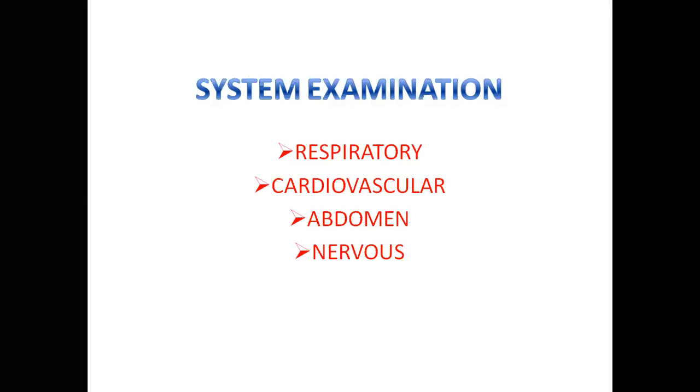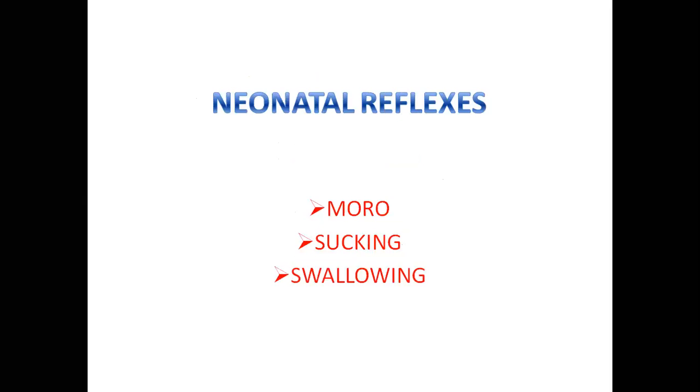We have to assess the tone of the baby by just palpating the muscle, and these are the reflexes that give us a clue whether the central nervous system is intact.